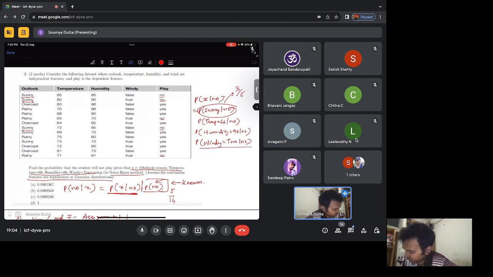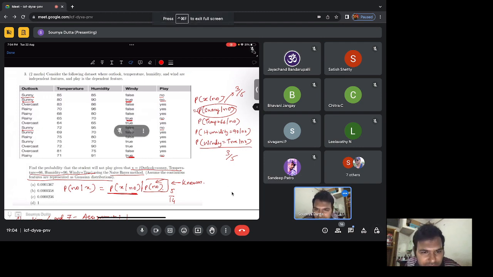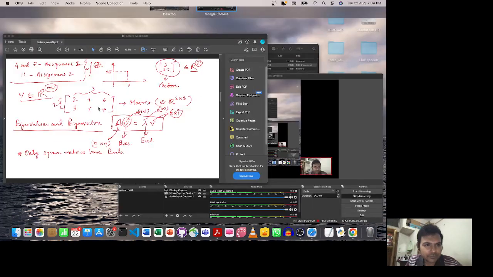Windy equal to true and no, that also you can find out. This is one case, this is another case, and this is one case. So this is also 3 by 5. Let me check, both of them are 3 by 5, is it? Let me check the solutions once.